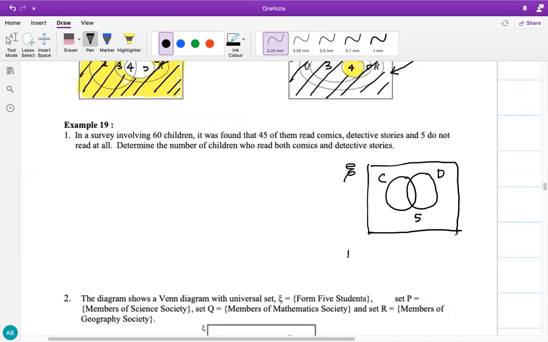So outside C and D, where C union D means include set C and also set D, is 60 minus 45.